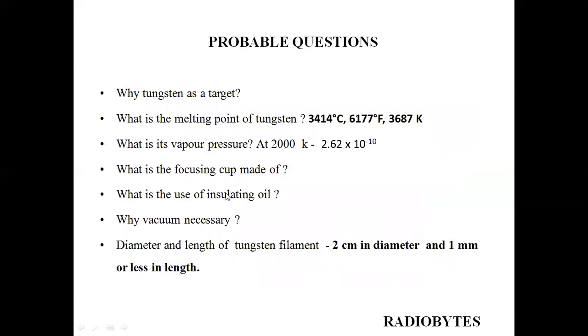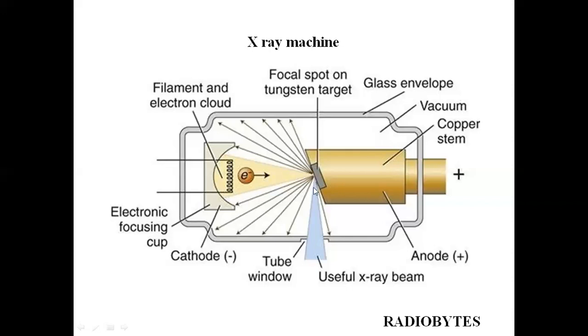What is the use of insulating oil? When you take an X-ray machine, these are the components of an X-ray machine. I told you it is enveloped in a glass lining. So in the tube head, when it is placed, you will have a tube head surrounding these components. Between this glass envelope and the tube head, there will be insulating oil.